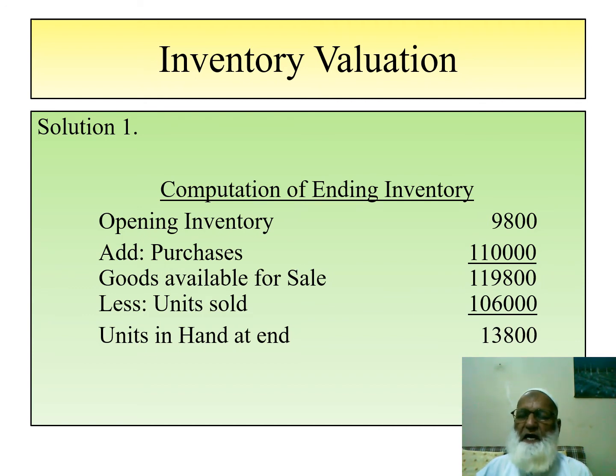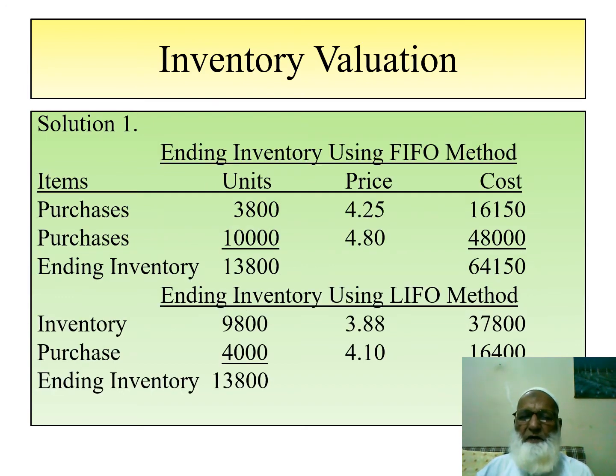We had 9,800 opening inventory, and total purchases are 110,000 units, and goods available for sale were 119,800 units, and units sold is 106,000. These are all given, and at the end we are left with 13,800 units as ending inventory. In the next slideshow we are going to use these methods.